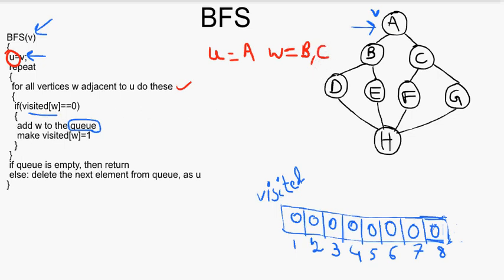Now, if visited of w, which means b, which is actually 2 if the vertices are numbered like that, is 0. Firstly, don't misunderstand a and b. A is the value here, and these vertices are actually numbered as 1, 2, 3, 4.